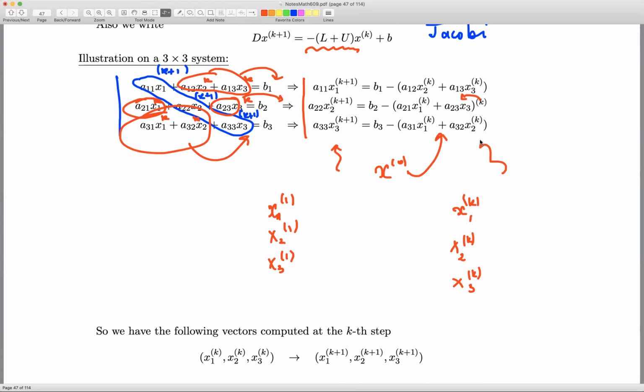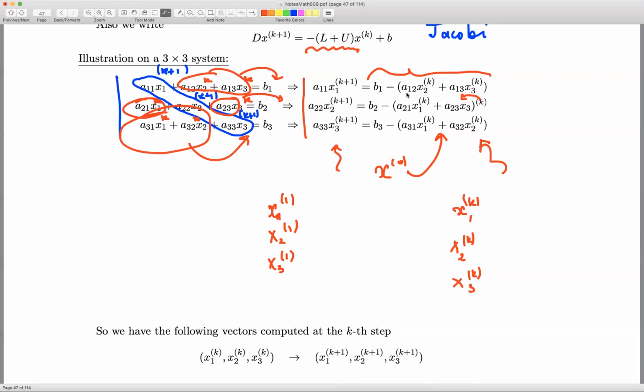We come to the right. Everything on the right side will be known, because all these components, the coordinates of the kth vector, will be known. Therefore, in order to compute the first component of k plus 1, we just have to divide this expression by a11.